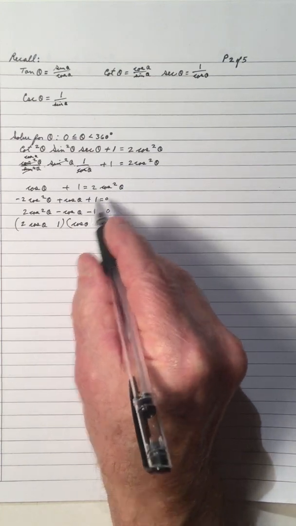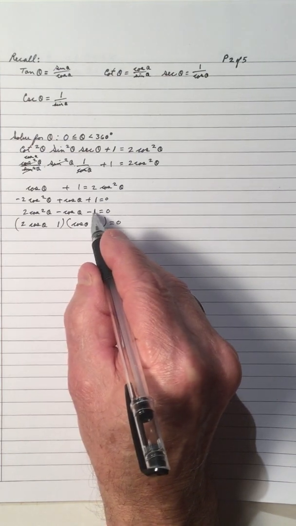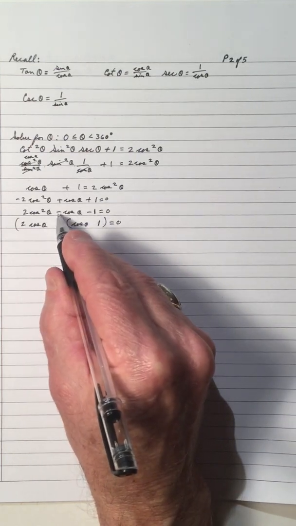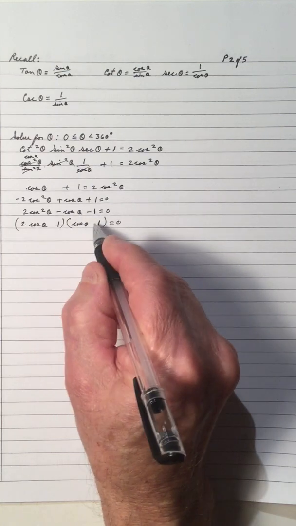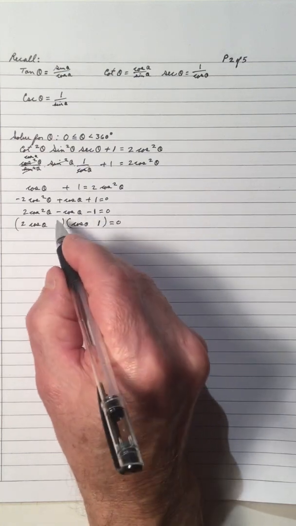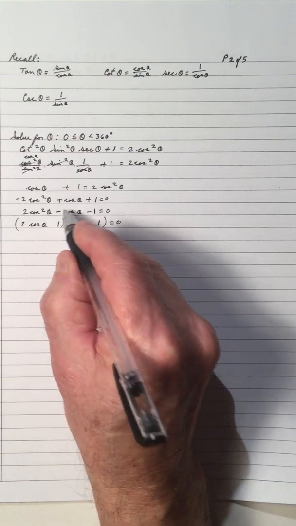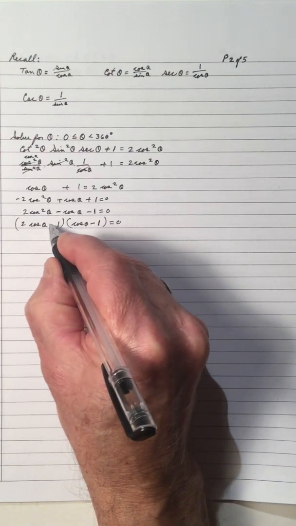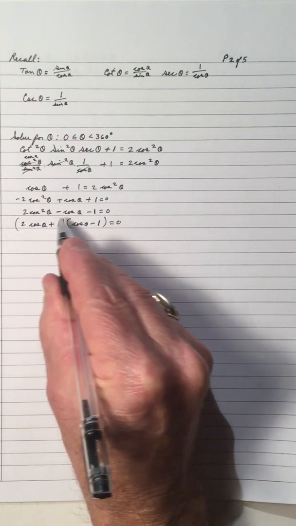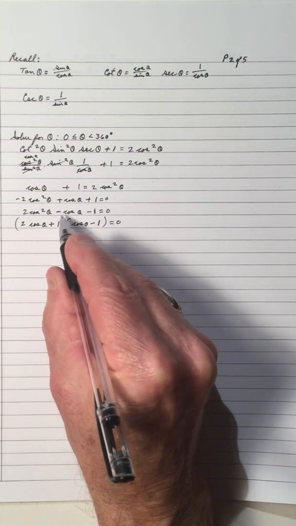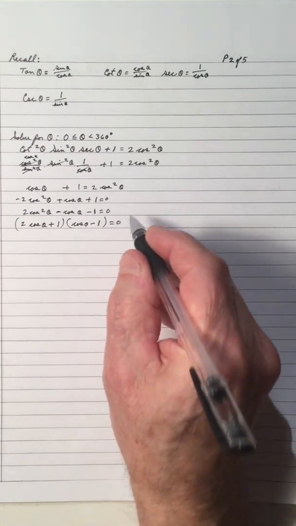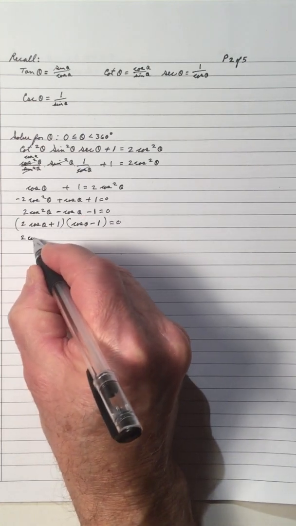So the product is A times C, which is negative 2, and the sum is negative 1. Since the product is negative, one of these has to be positive, and one has to be negative. So I'm going to get negative 1, positive 1. Outside is negative 2, inside is positive 1. That adds up to negative 1, so that's the correct factoring.